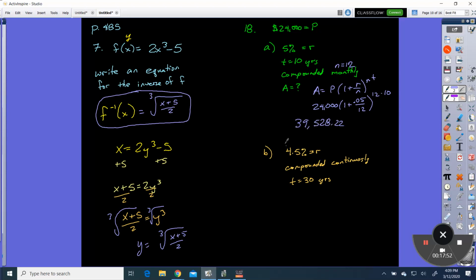Now it says look at doing the same amount to begin with, but with a 4.5% interest rate. So A equals P, which is 24,000, except it's compounded continuously. So A equals Pe^(rt) is our formula for compounding continuously. So 24,000, e, the rate 0.05, the t is 10.